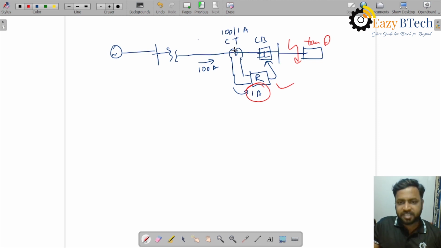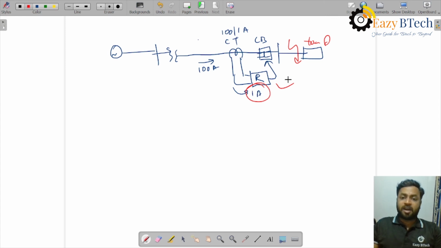But since we are using a current transformer to step down the current, the rating of the relay will be drastically reduced. So that will reduce the size and cost of the relay.